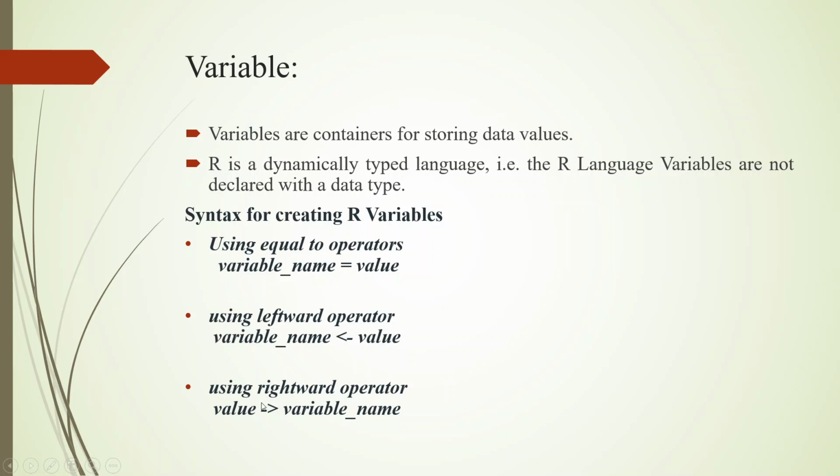Normally in all programming languages we use the assignment operator, equals to, so we can use it to assign a value to the variable as usual, like in C. The leftward operator is the less than symbol and hyphen symbol, and the rightward operator is the hyphen symbol and greater than symbol.